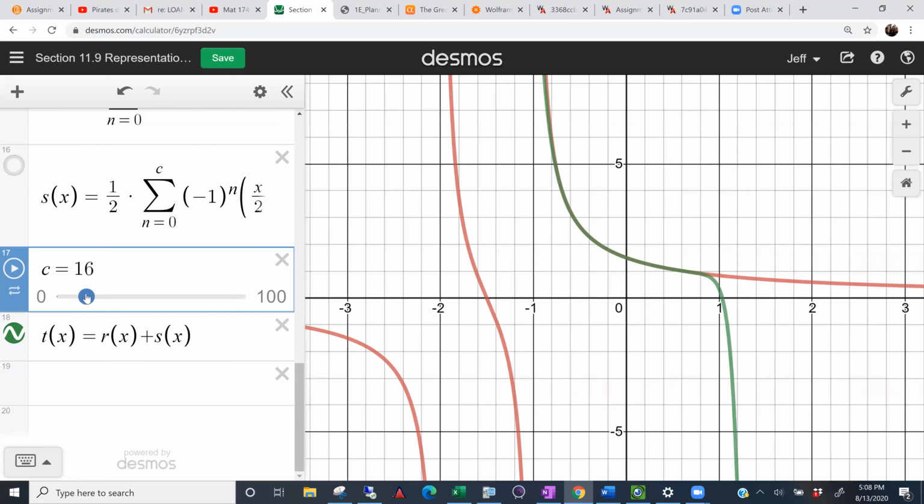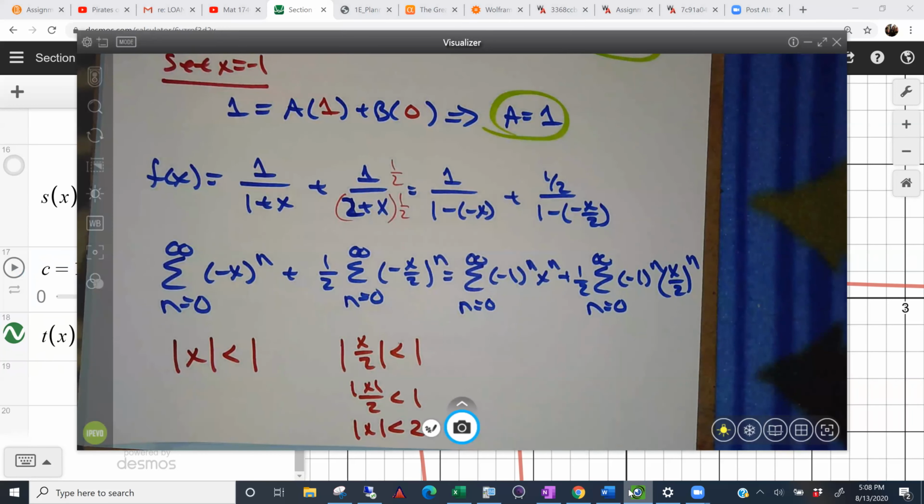I don't know about you, but I'm not seeing that the green function approximates the red one outside the interval -1 to 1. In fact, that's the case. So whenever you're confronted with the sum of two series like this, you always take the smaller radius of convergence as being the radius of convergence for the whole thing.